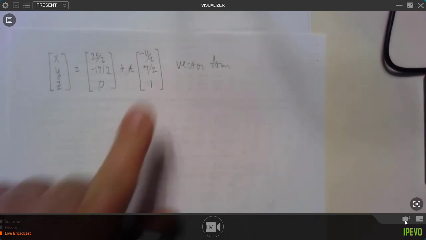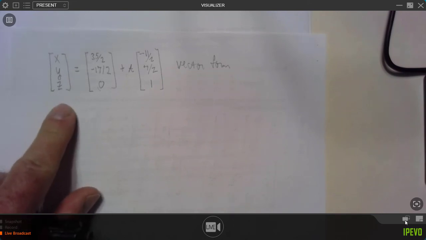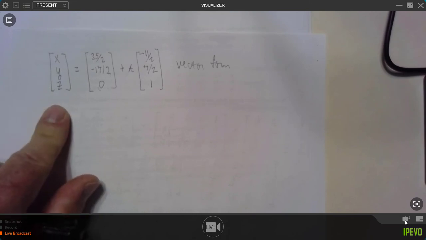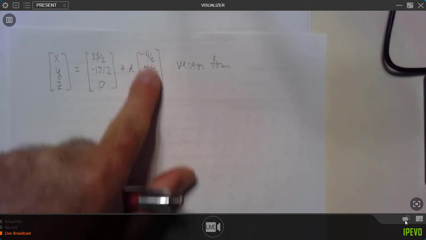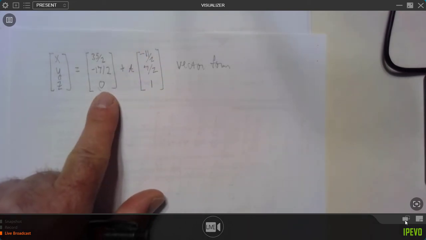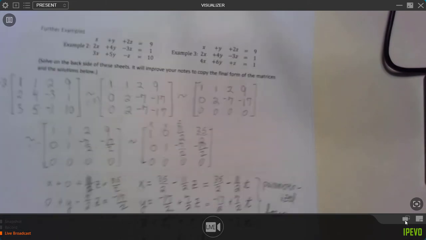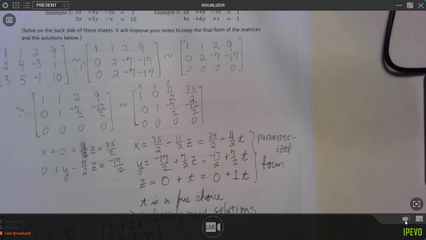So this is not unlike the form y equals mx plus b, right? You've got a variable here, a variable vector, a coefficient of sorts times a variable, and then a constant being added. So this is the vector form, and you will want to know how to do those as well.